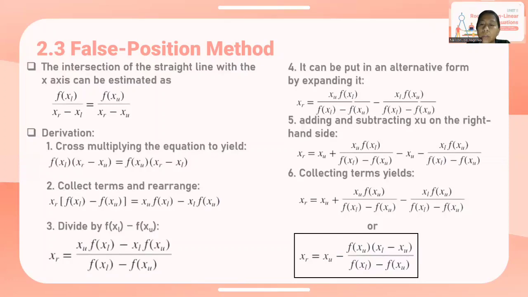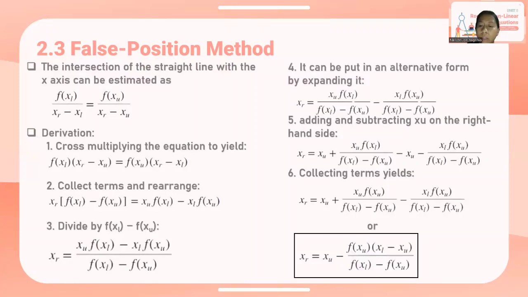By adding and subtracting xu on the right-hand side, xr equals xu plus xu times f(xl) over (f(xl) minus f(xu)) minus xu minus xl times f(xu) over (f(xl) minus f(xu)).